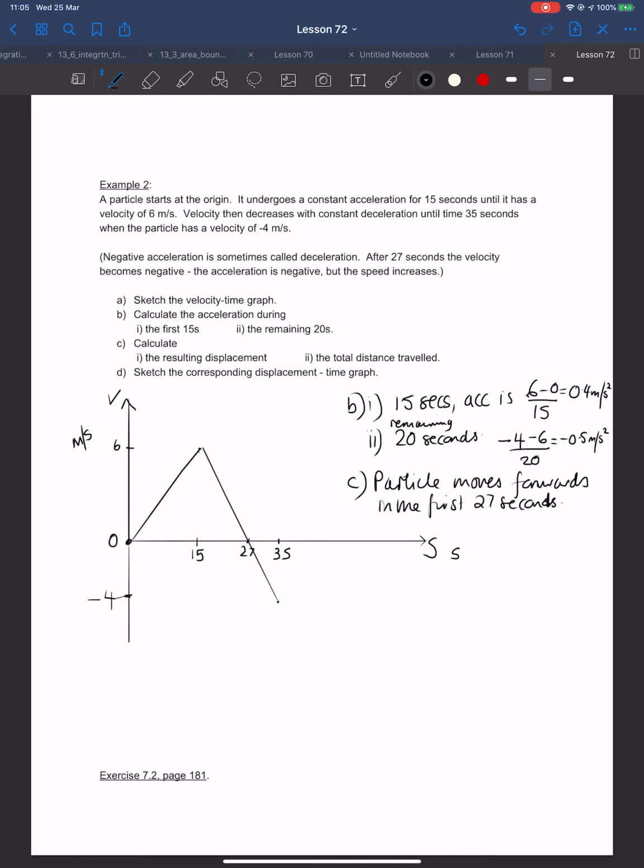Even though its velocity is decreasing, it's still moving forwards, it's just slowing down.